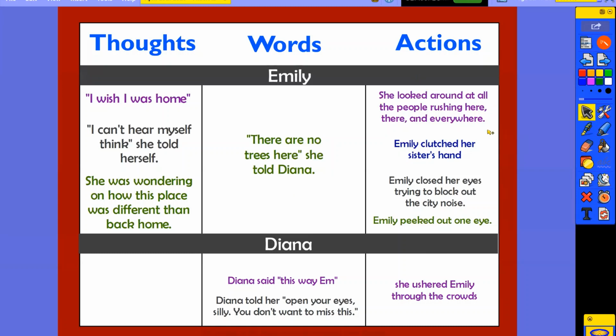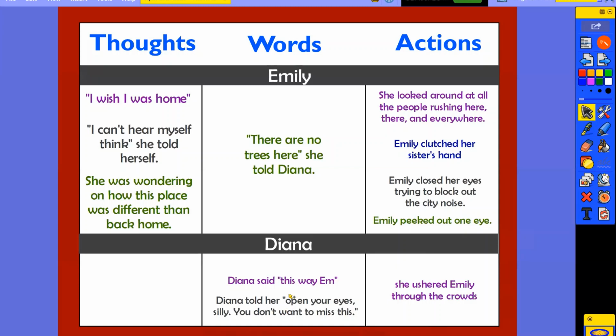And when she was looking at all the people, they were rushing everywhere. When she clutched her sister's hand, when she held her sister's hand very firmly, it means she was scared. She also closed her eyes because she did not love the noise. She did not like it. And then, after her sister talked to her, she peeked one eye out.